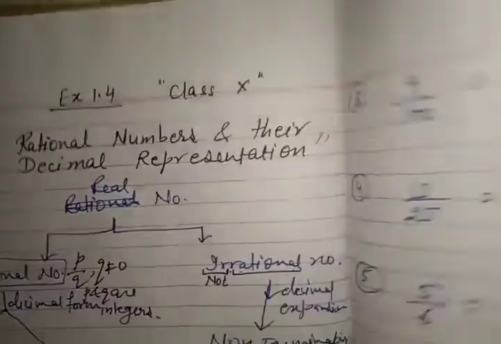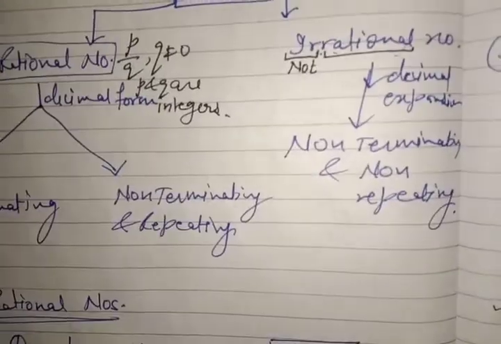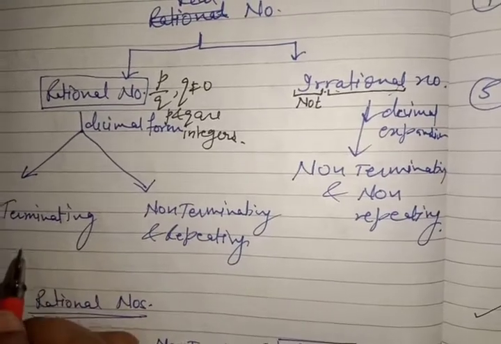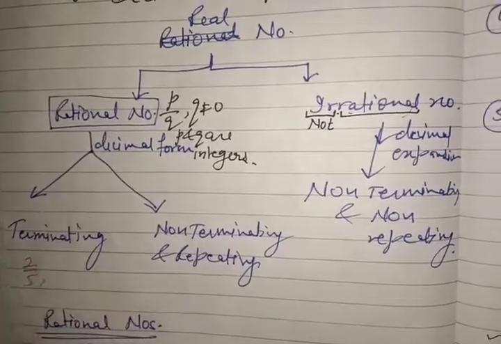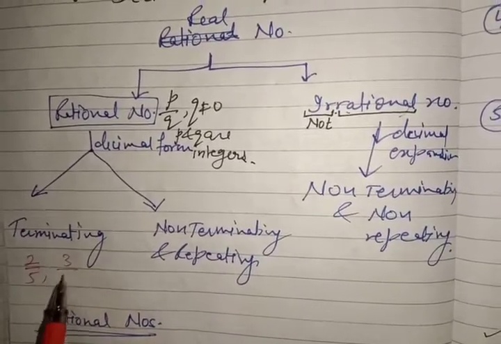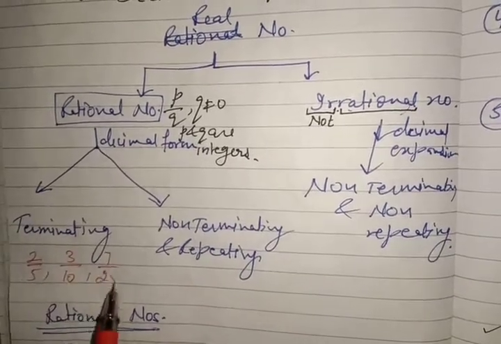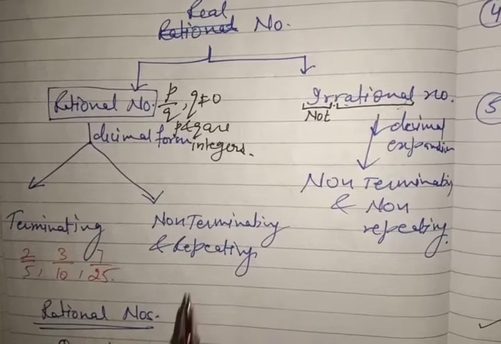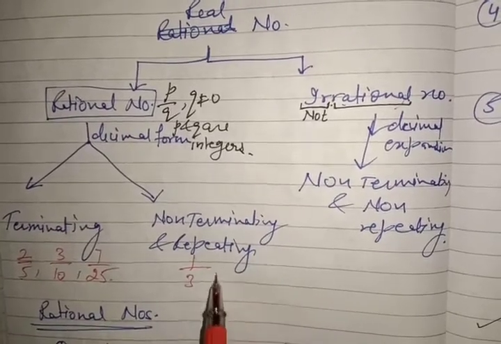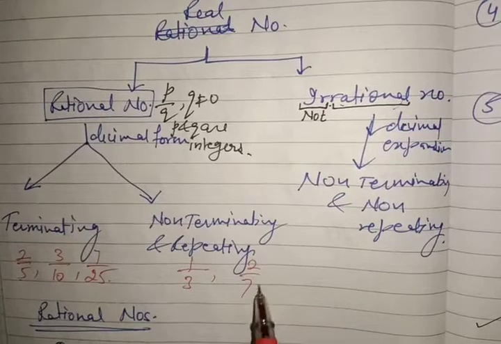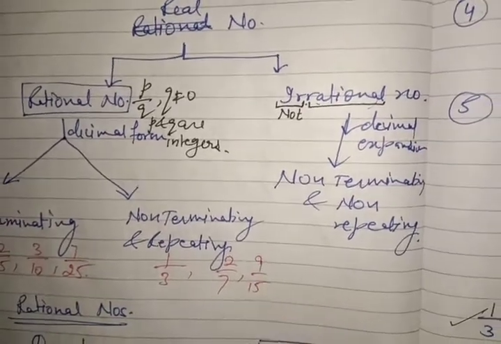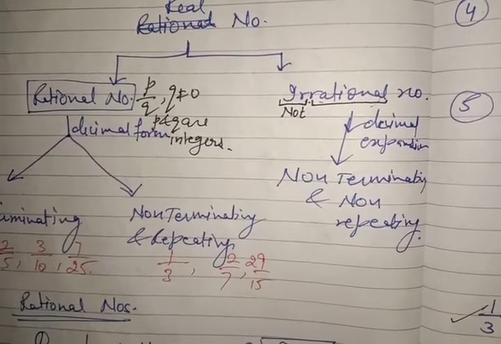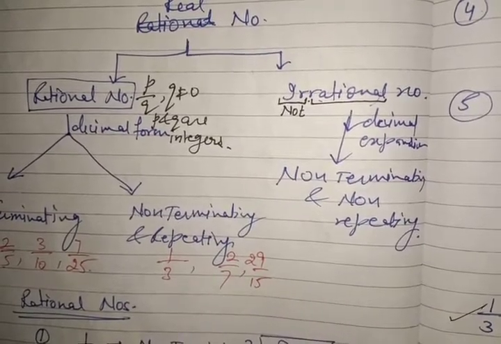Okay, one thing is left, that irrational numbers are non-terminating. So examples we can write easily: 2 by 5, 3 by 10, 7 by 25. You can see all these are terminating. Without dividing I can say that. And 1 by 3, 2 by 7, 29 by 15, all these are non-terminating and repeating.